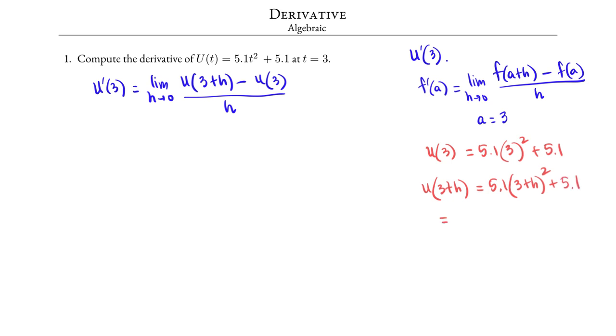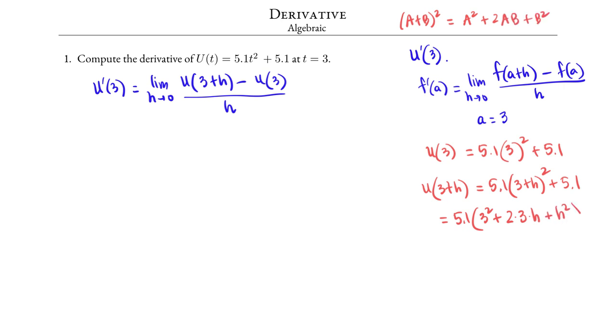We will need to expand the u of 3 plus h. This is 5.1 times 3 squared plus 2 times 3 times h, where we use the identity. Remember the identity: a plus b, the quantity squared, is a squared plus 2 times a times b plus b squared.